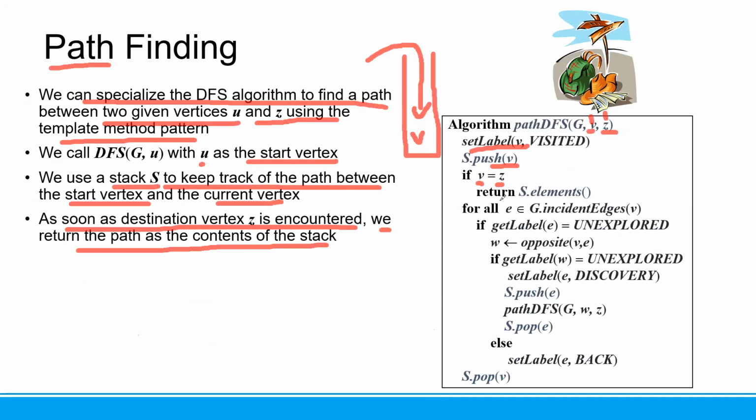If not, we will do this: we check the incident edges of v. Every vertex in this DFS will have incident edges. We check every incident edge, and then we check the opposite.